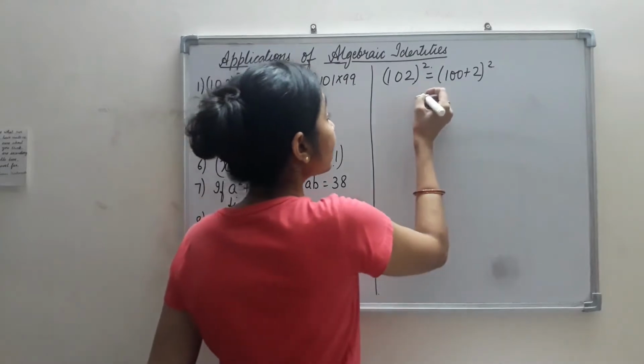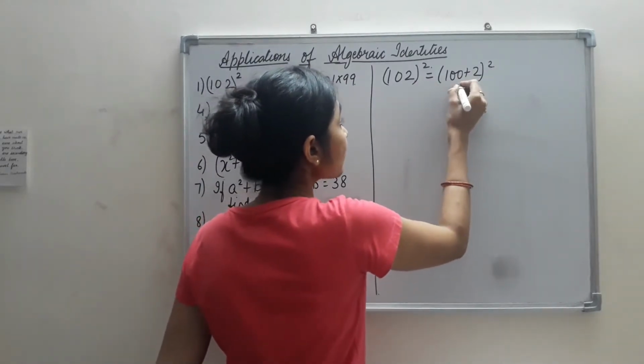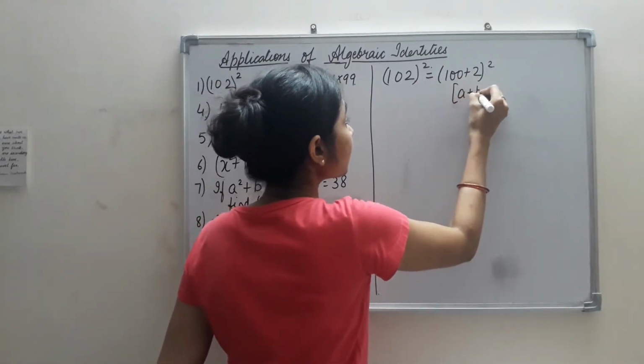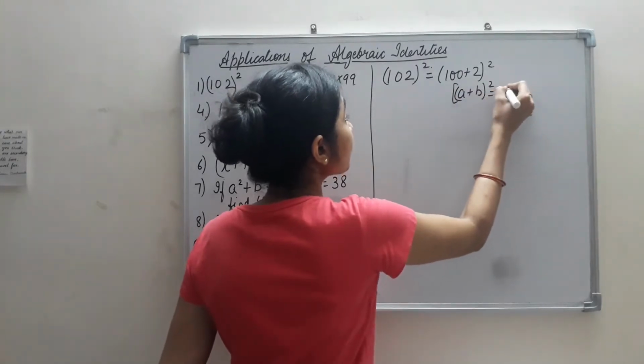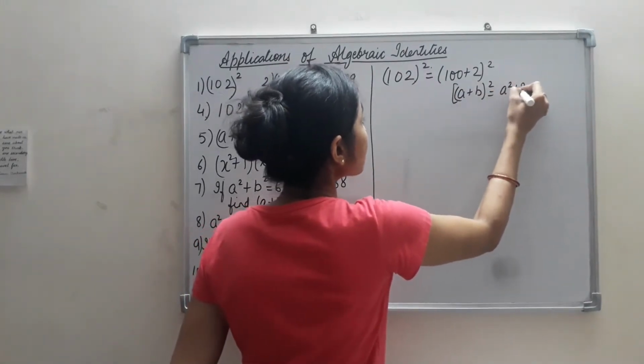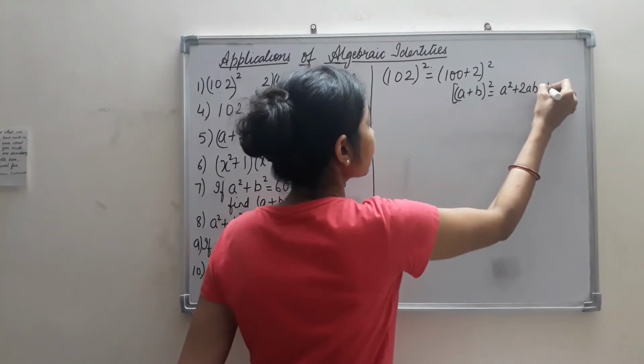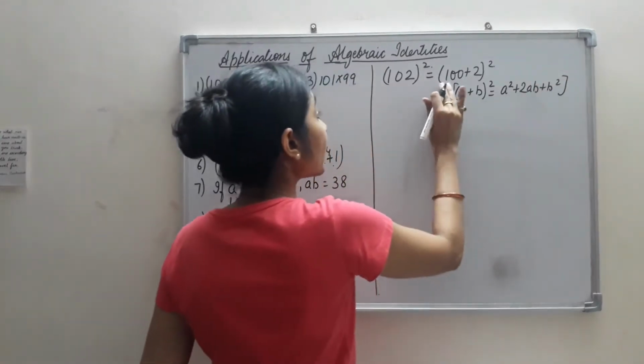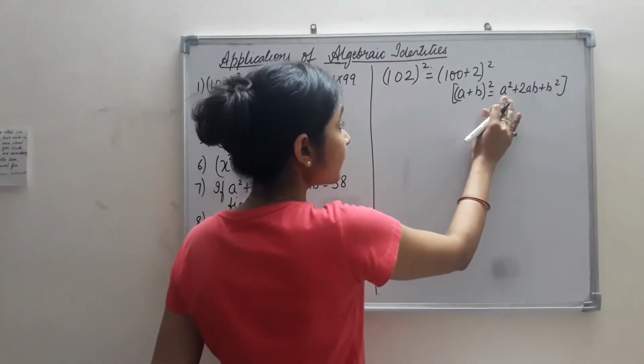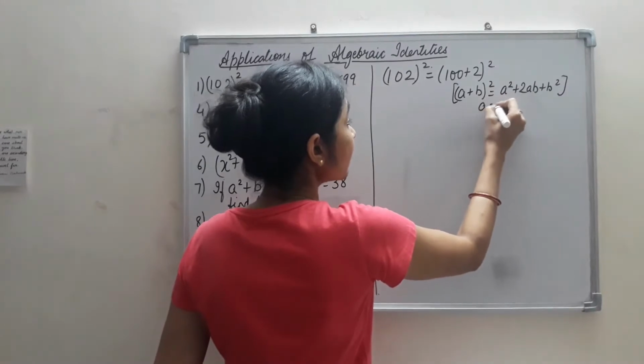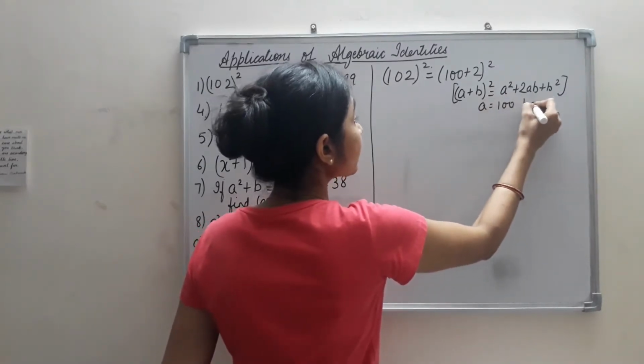Now 100 plus 2 whole square is in the form of a plus b whole square, so the answer should be a square plus 2ab plus b square. Here a is equal to 100 and b is equal to 2.